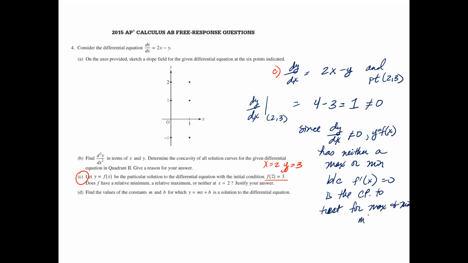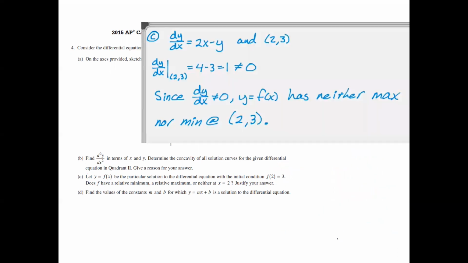And you can say if the slope is going from a positive to a negative, that's a max, and if the slope is going from a negative to a positive, that will indicate a min at (2, 3).